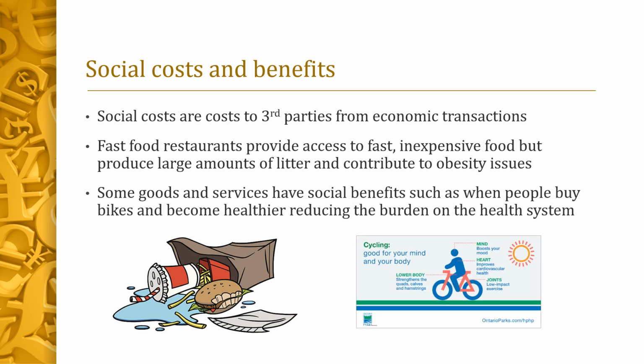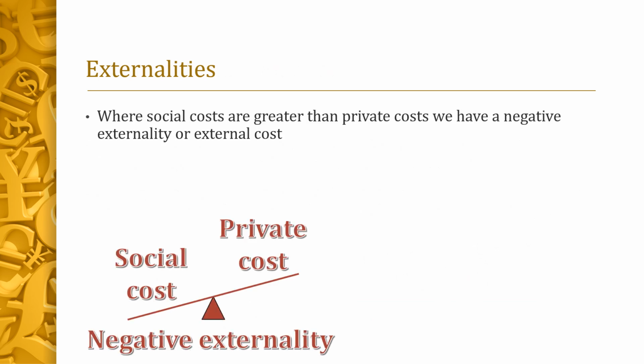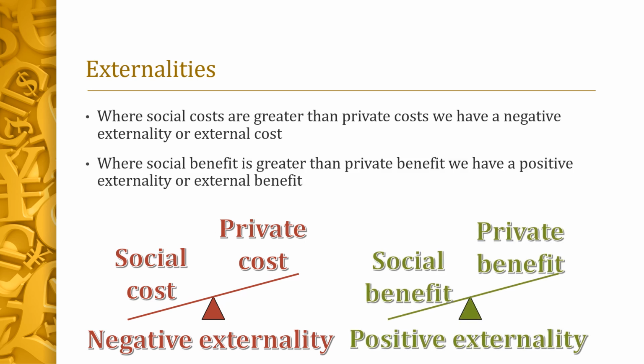Some goods and services have social benefits, such as when people buy bikes and become healthier, reducing the burden on the health system. Where social costs are greater than private costs, we have a negative externality, or an external cost. Where social benefit is greater than private benefit, we have a positive externality, or external benefit.